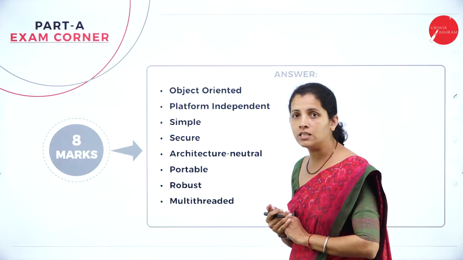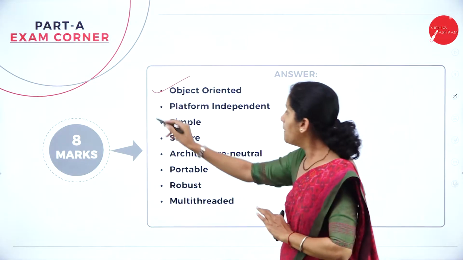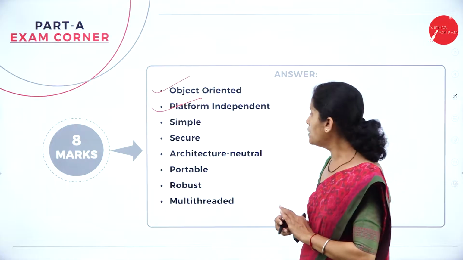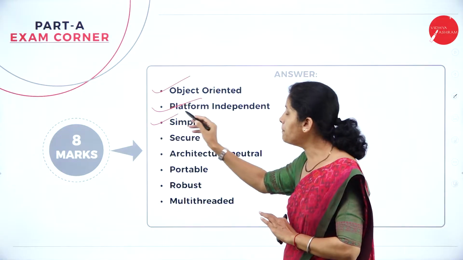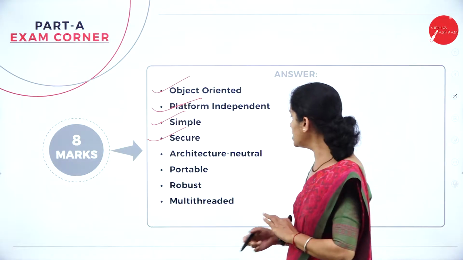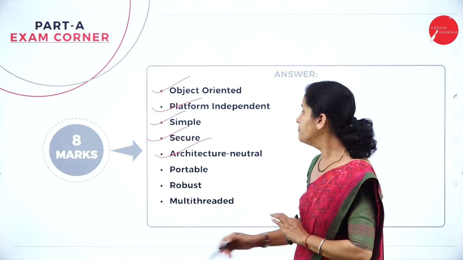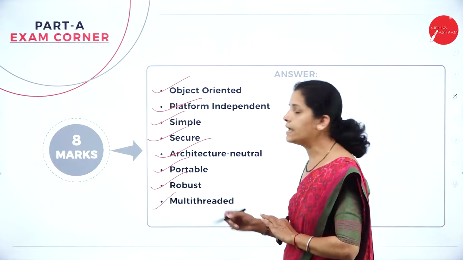So, what are the features? Java is object-oriented, platform independent or platform neutral, simple program, secure program, architectural neutral, portable, robust, multi-threaded.